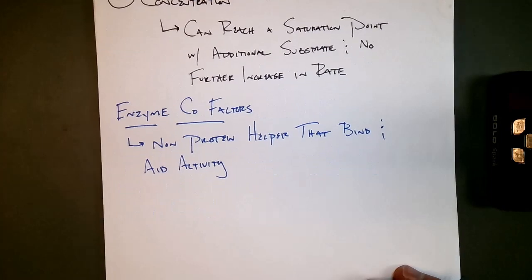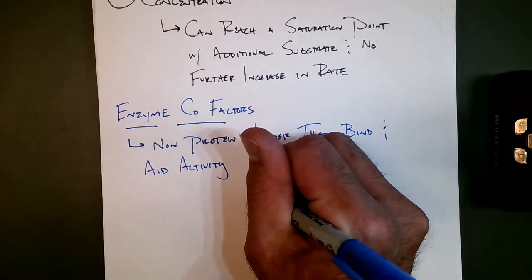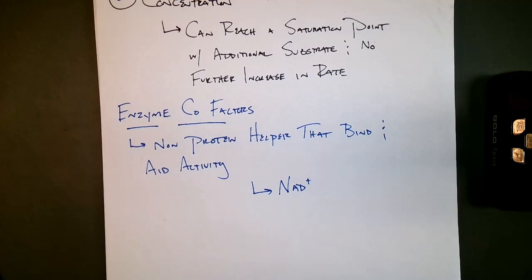An example is a cofactor that we see a lot here in Unit 3, and this is what we call NAD+. It stands for nicotinamide adenine dinucleotide, and it's a double nucleotide, a dinucleotide, that moves electrons in and around the mitochondria.